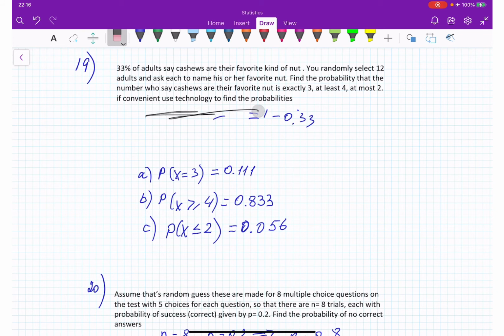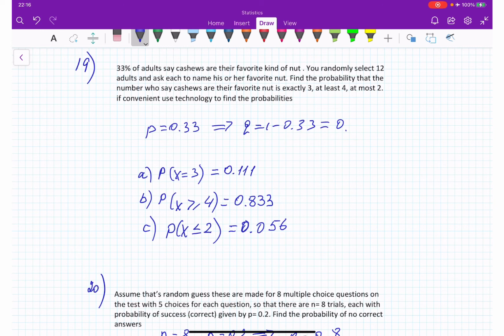So P is equal 0.33, hence Q will be equal 1 minus 0.33, and it's going to be equal 0.67. Okay, so this is probability of success for who likes cashew.